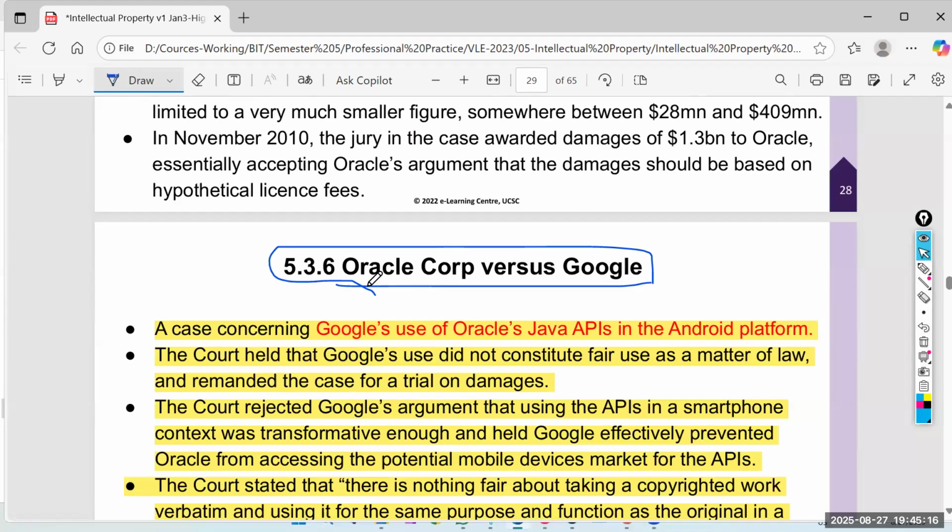It became a heavy success. All of a sudden, Google captured the market, and Android became even more popular than Windows. Even right now, what is the most widely used operating system? Android.